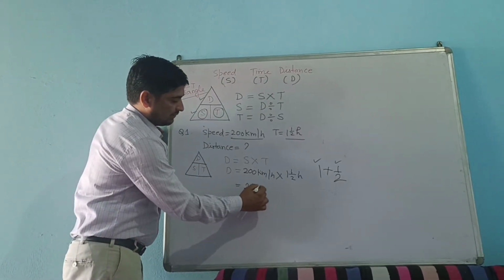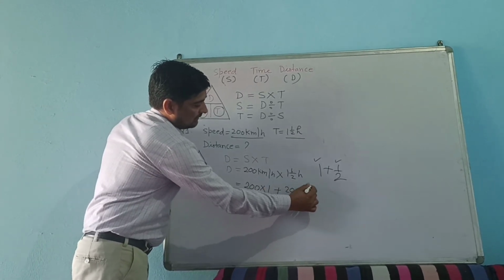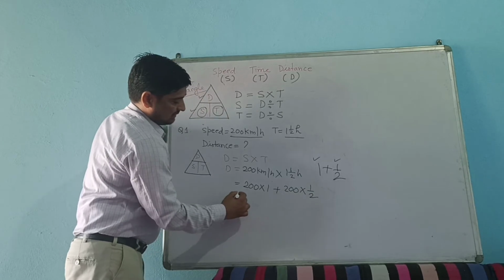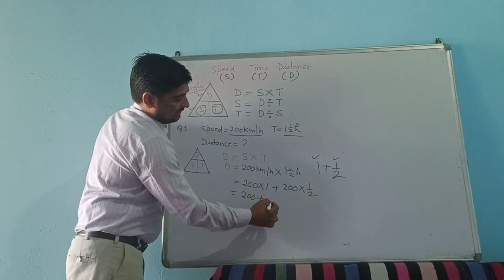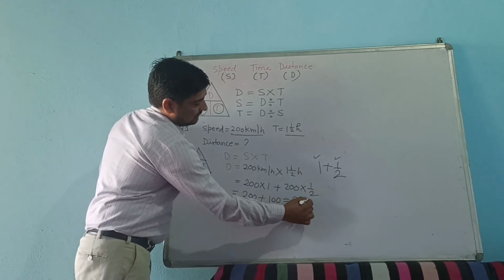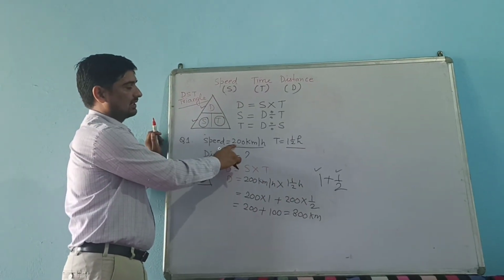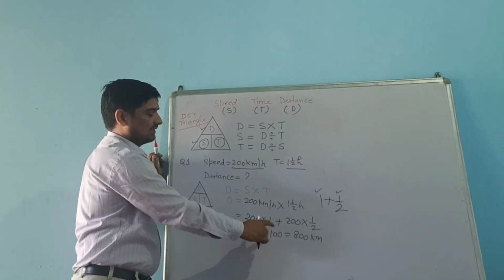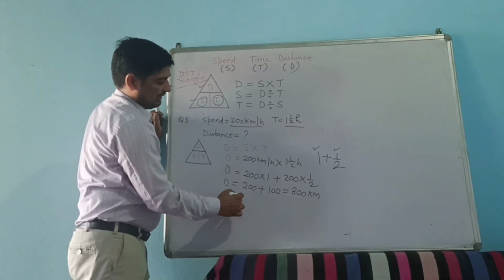So 200 into 1 plus 200 into half. So what is the distance? 200 km plus half of 200, easily you can calculate, 100. So it will be 300 kilometers. So that object which is traveling with a speed of 200 km per hour, in 1.5 hour it will cover how much distance? It will cover 300 kilometers.